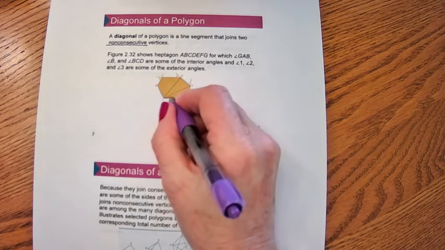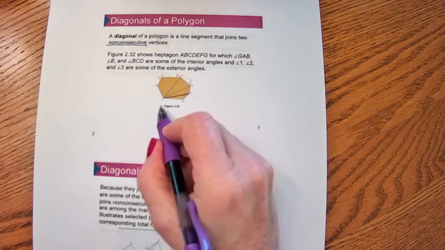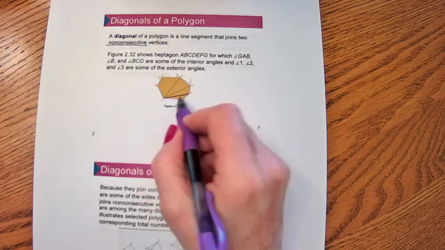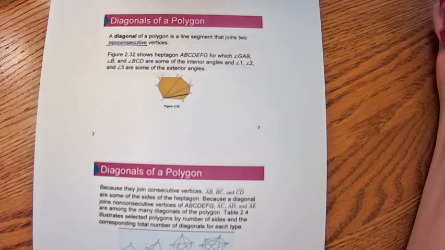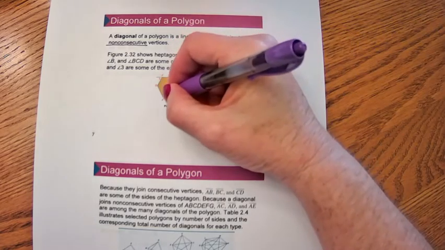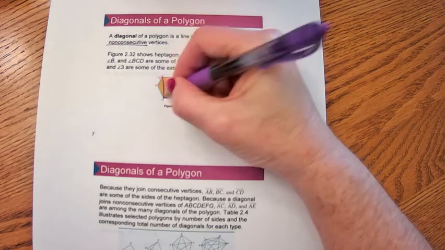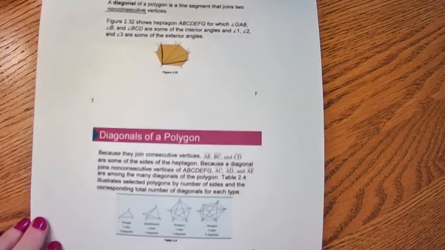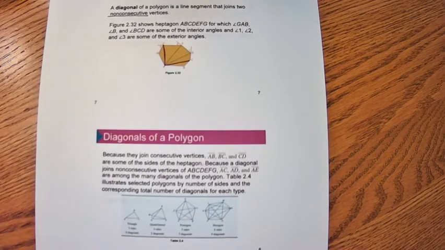So here, the line segment that connects A and C, line segment AC, that's a diagonal. Just like the line segment AF is a diagonal. And the more sides a polygon has, the more diagonals the polygon will have.